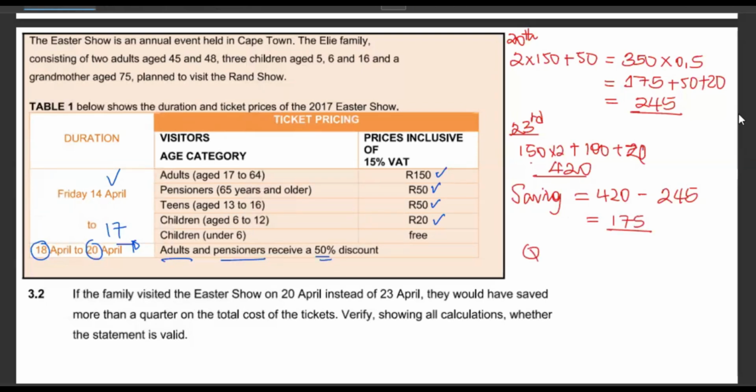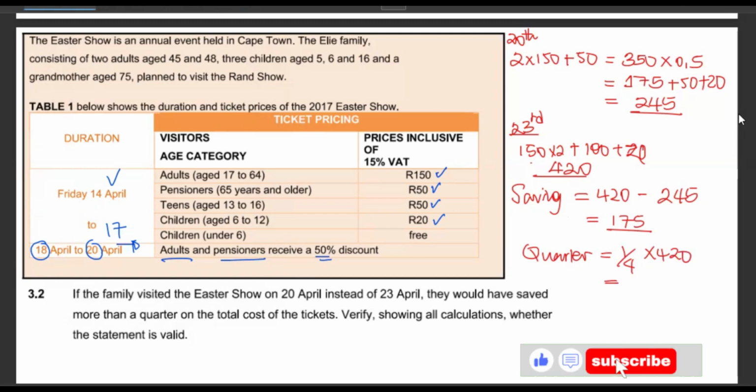But we look for the quarter also. So we say a quarter times 420. 420 divided by 4, we have 105. So indeed, it's valid because 175 versus 105. So the claim is valid.